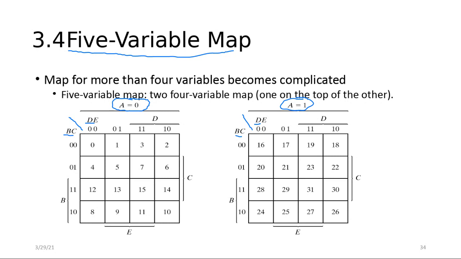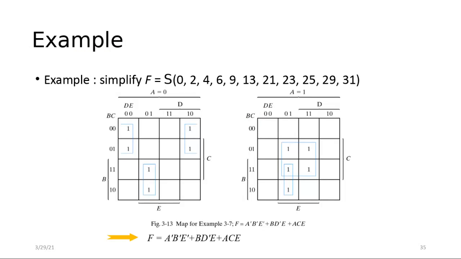You have to do all of them. This is kind of complex. In the next week, maybe we will do some exercises about 5 variable maps. This is the same rules, but you have to think about 2 dimensions, 2 tables together. You have to consider these tables together.